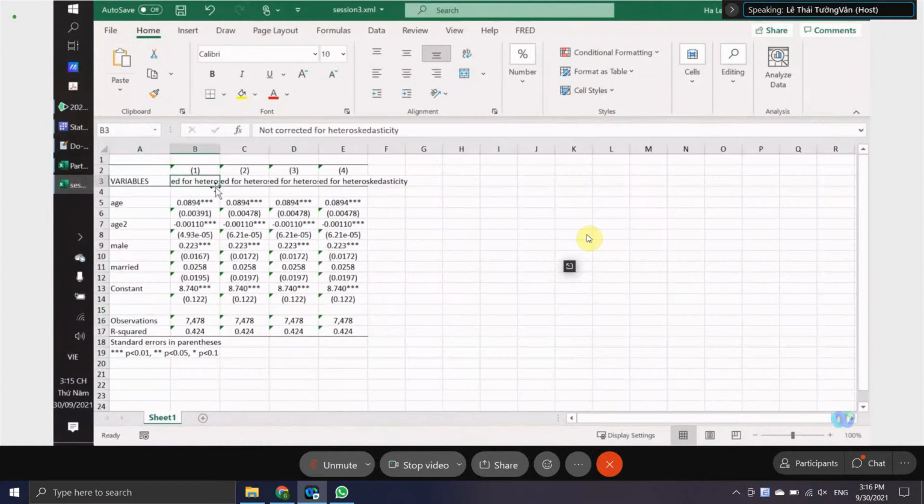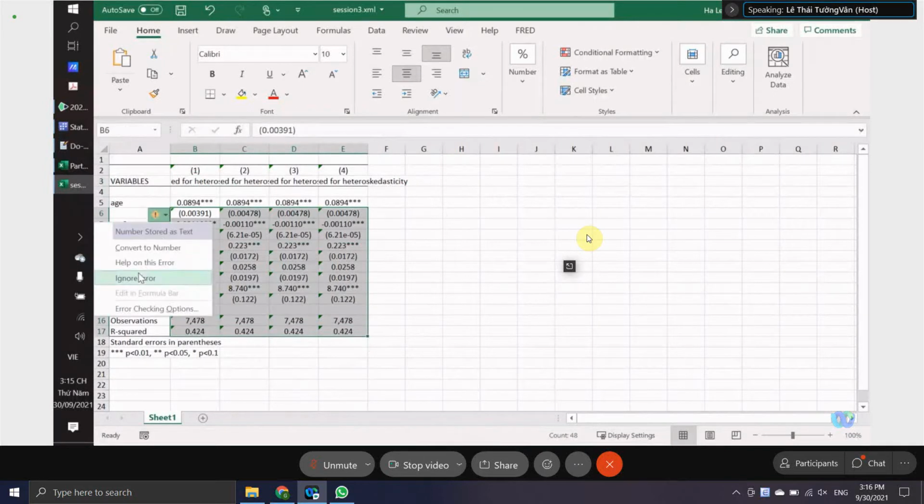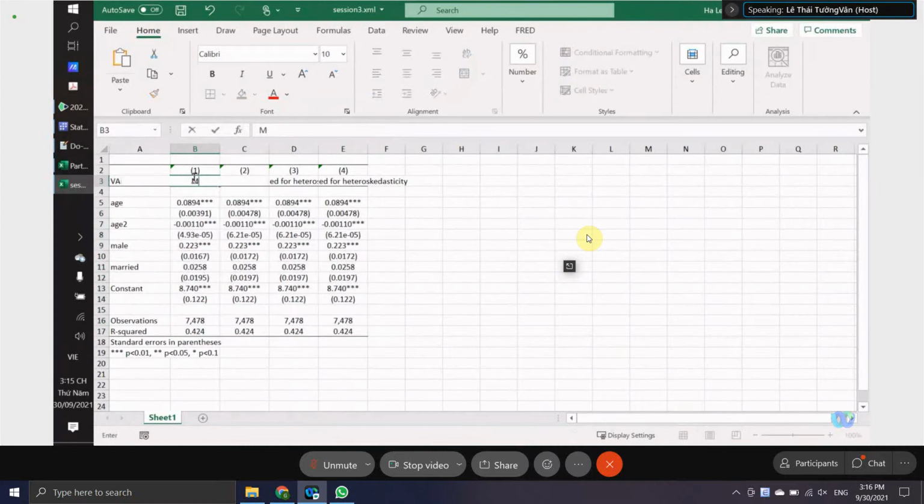I can write it in this way. I will try to keep this, ignore the error. And then I would say this is model 1, this is model 2, this is model 3, this is model 4.